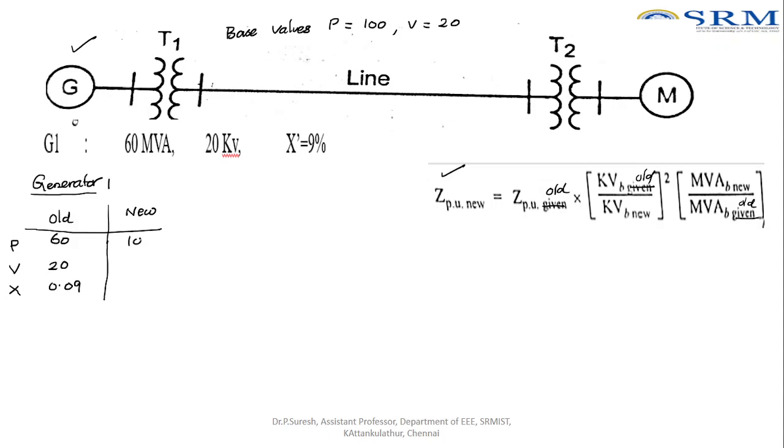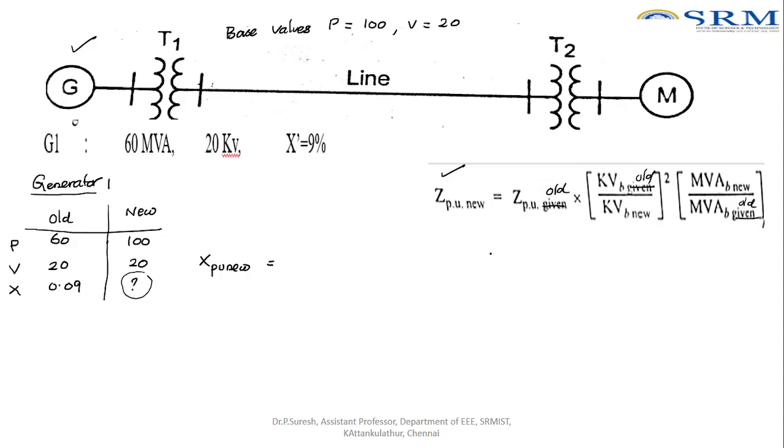New value of power is 100, new value of voltage is 20. And what is the new X value, or reactance value? Z value or X value, both are the same, right? So I'll write it here, X per unit new. This one I need to find.